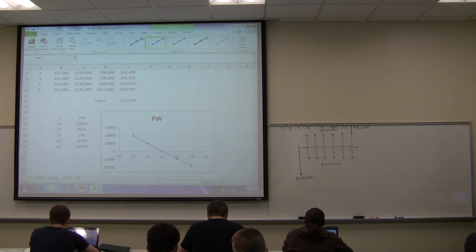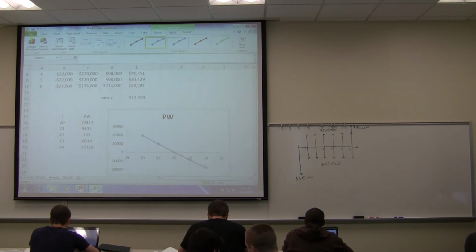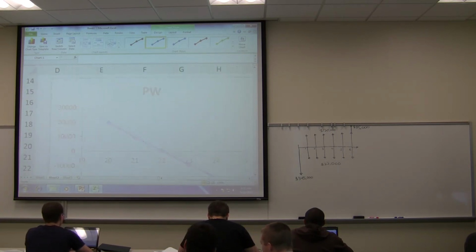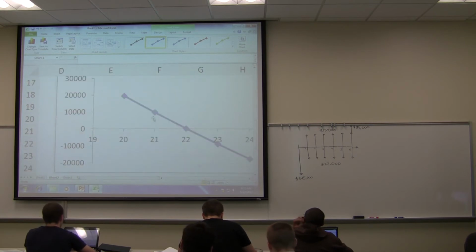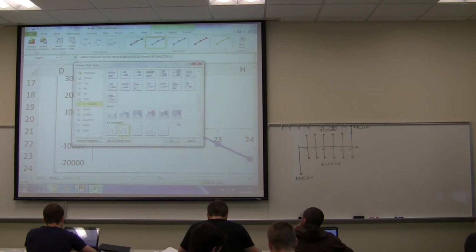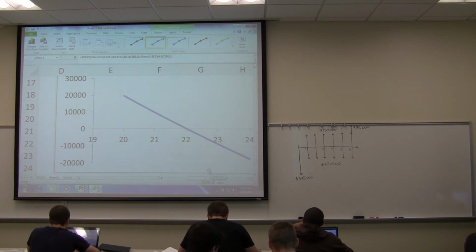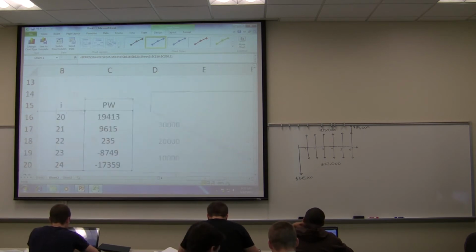We lucked out that it's really close to the 22, but as we zoom in, well, let me remove those tick marks. A little bit to the right of 22.